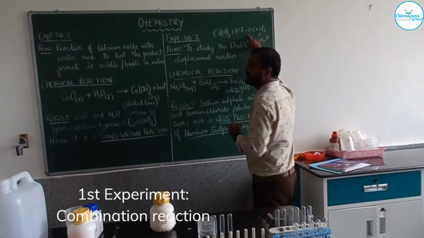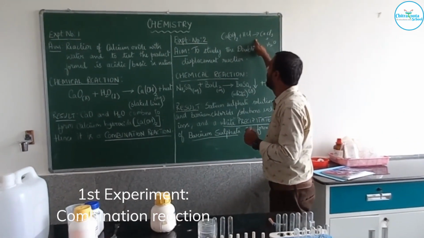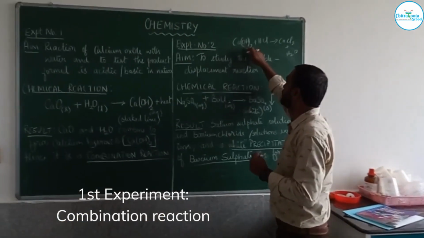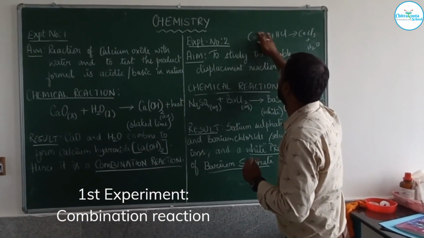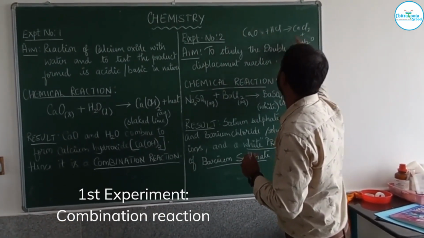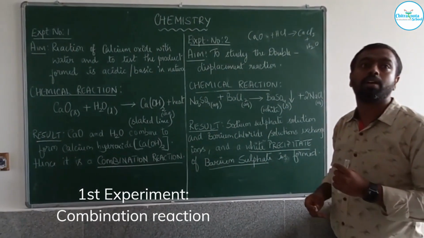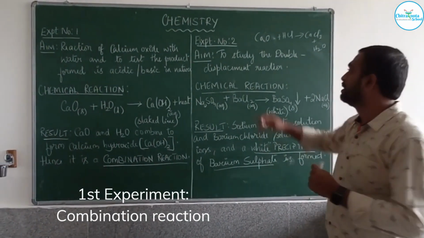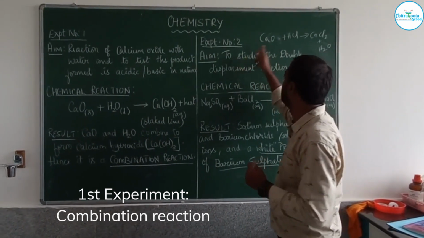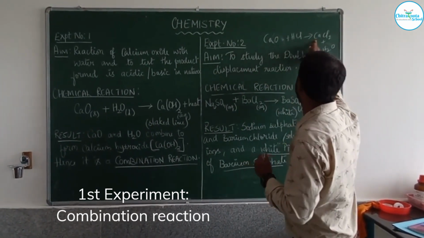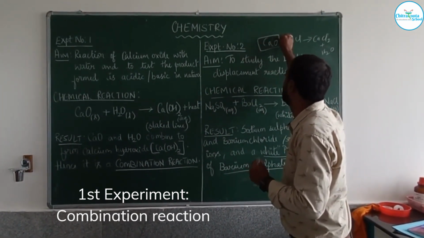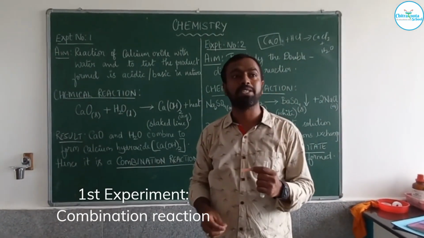Is this a neutralization reaction? Yes. Now, in place of Ca(OH)2, if I take calcium oxide also, I get the same product. In place of a base I am using a metal oxide, yet I am getting salt and water. So we can conclude that metal oxides are bases.